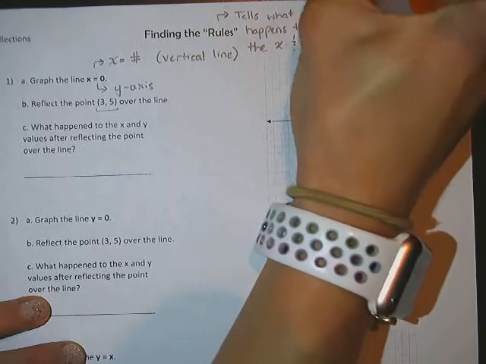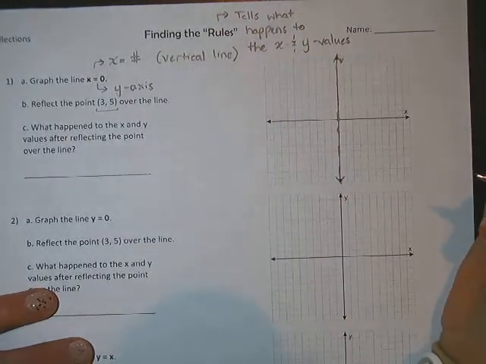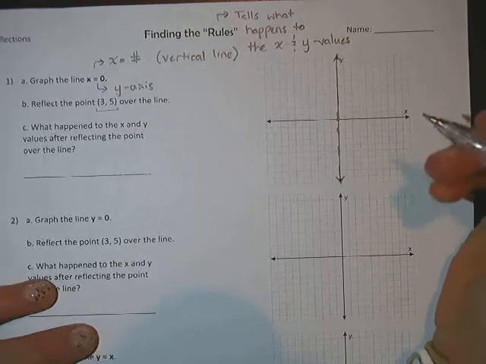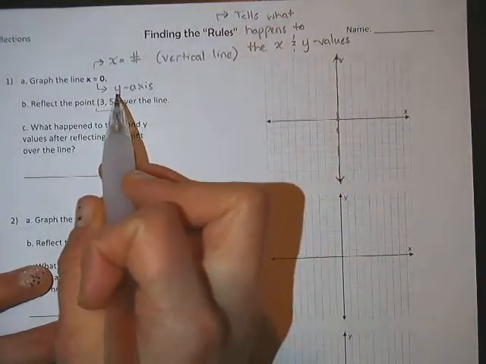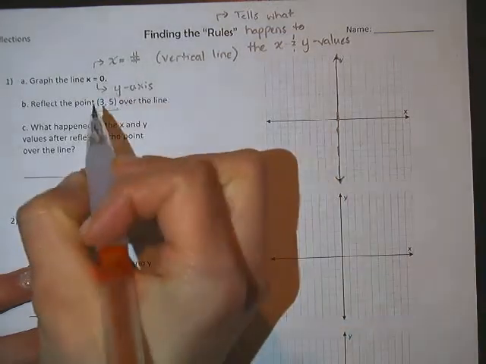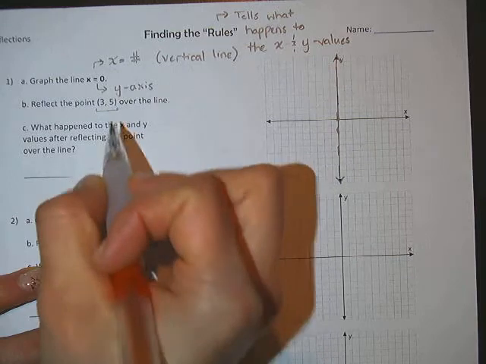That's what we're practicing today, finding the rule, so that whenever we start reflecting all kinds of figures, you'll be able to reflect them very easily. The first step is to graph the line like we just did. Then you always use this point, (3, 5), to help you get the rule.